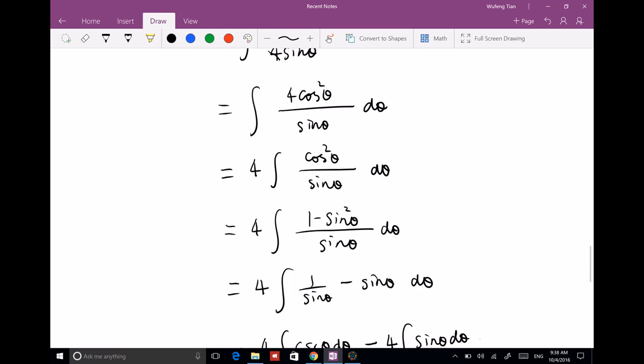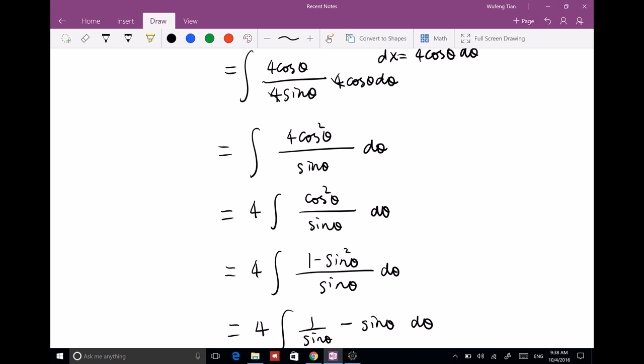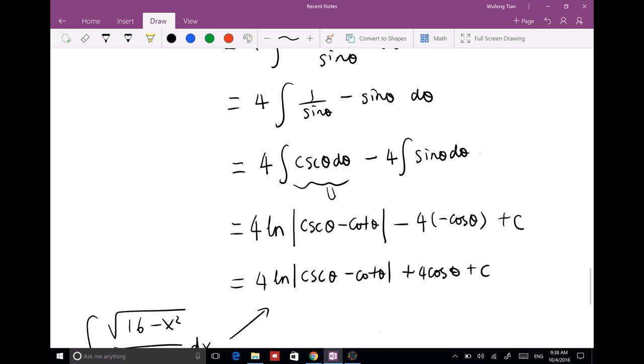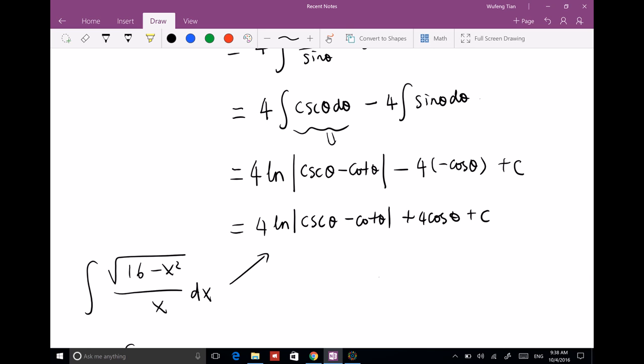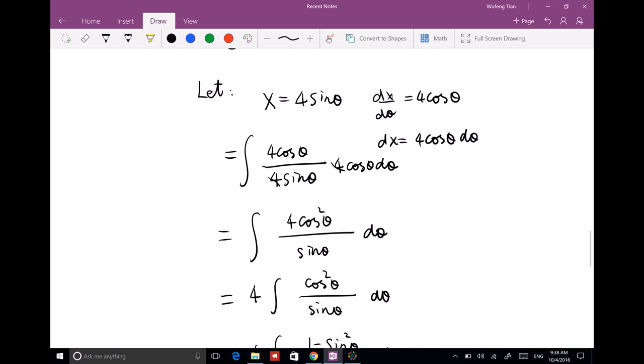Yeah, right here, all of this, I do not think we have any problem in the process. So here we have to do a little bit more work. You want to check right here, 4 cosine theta squared over sine theta.